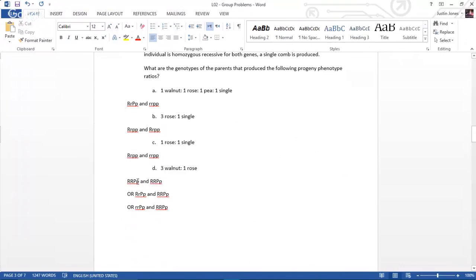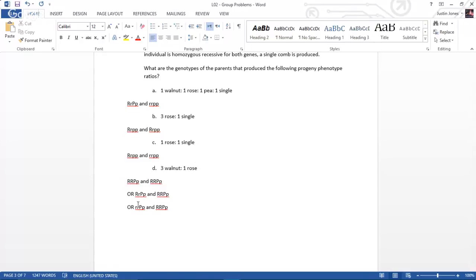We do need to leave options for the p's because there is no pea option. So we need to at least give them little p, but we can also leave the dominant in there. And then basically I just found out that as long as one of the parents has the double R's, it really doesn't matter what the other one has, because then that'll make sure you get at least the rose or the walnut.